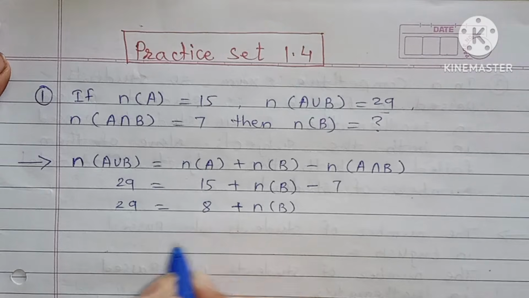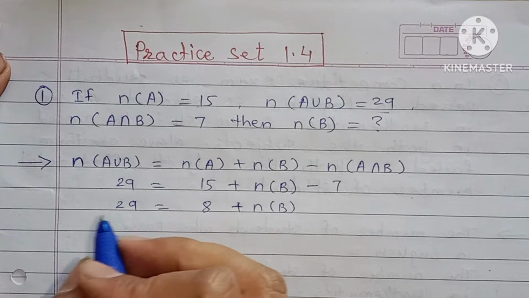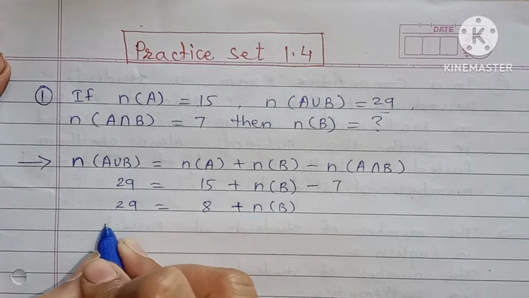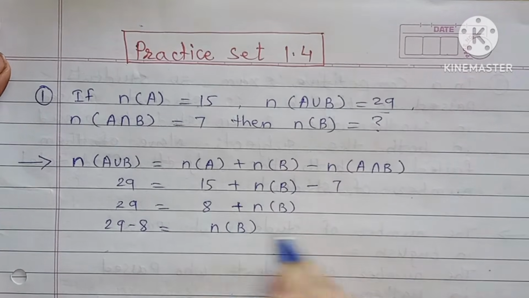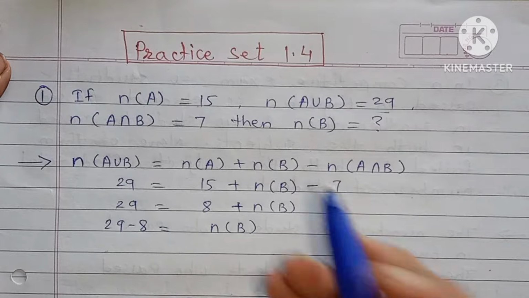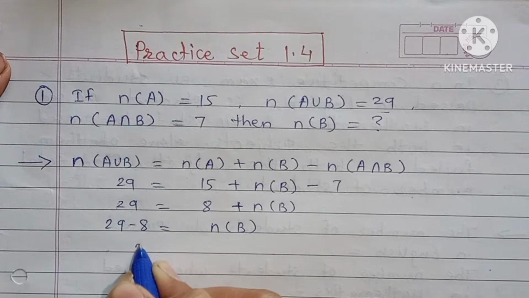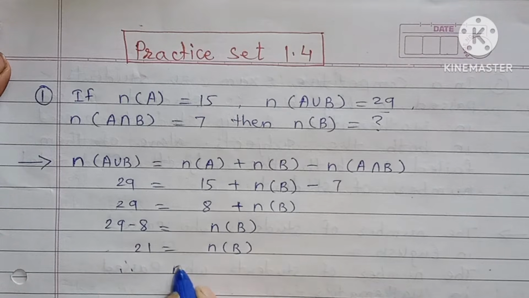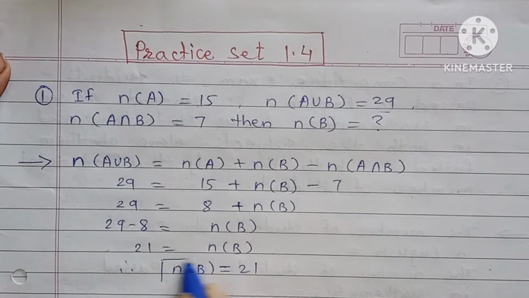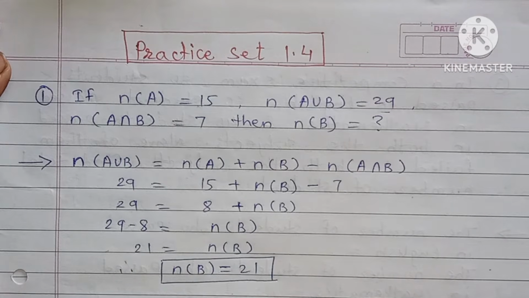This 8 is positive, it goes to the opposite side, negative means minus. 29 minus 8 is equal to n of B. 29 minus 8 is 21, is equal to n of B. Therefore, n of B is equal to 21. The answer is n of B equal to 21.